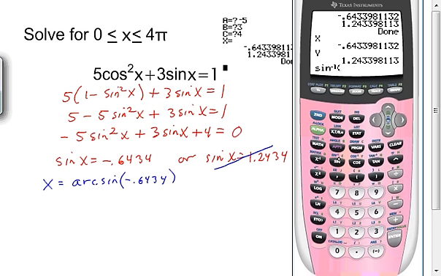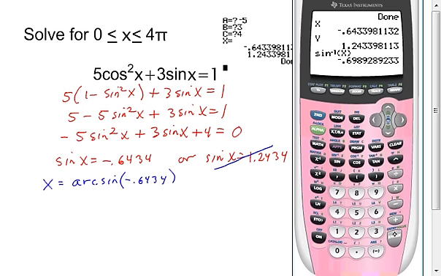So the arc sine of alpha, well, you can just use X, because that's where the negative 0.643398 is stored. Inverse sine of that x value is that angle. That's our first angle.